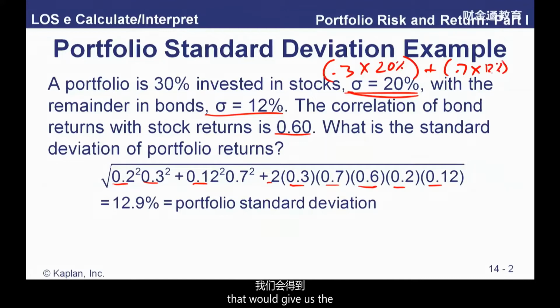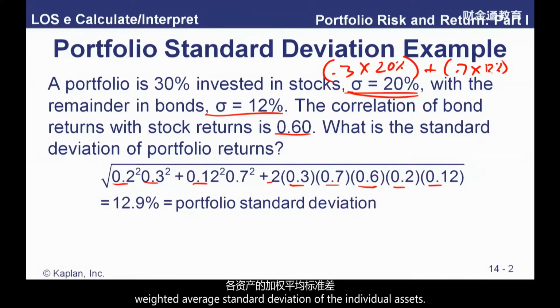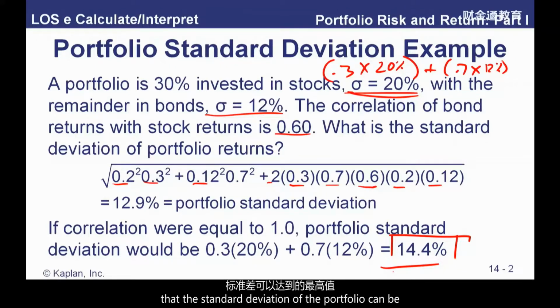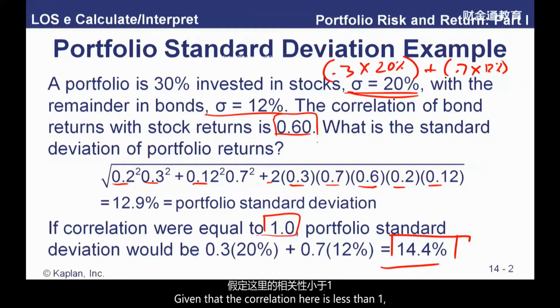That would give us the weighted average standard deviation of the individual assets. And if we did that, the calculation down here comes out to be 14.4. Well, 14.4 is the highest that the standard deviation of the portfolio can be, and that would only happen if the correlation was equal to 1. Given that the correlation here is less than 1, we know before we ever do a calculation that the standard deviation has to be less than 14.4.